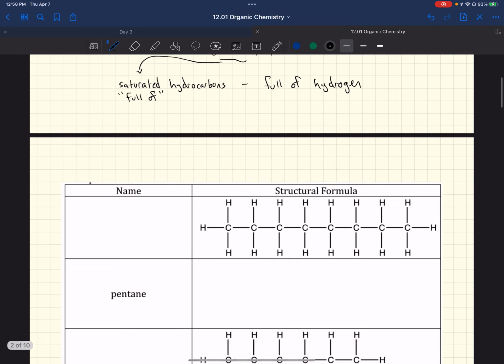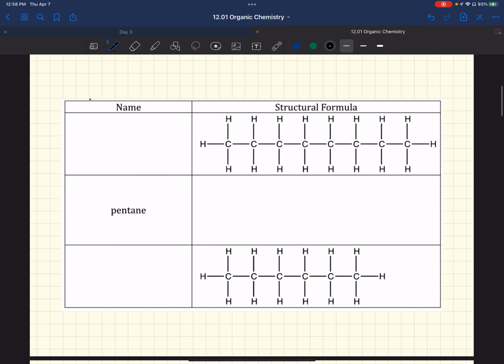Okay. So here are 3 more examples. So why don't you pause the video, see if you can either name them or give the structural formula and then also the chemical formula. So this first one has 1, 2, 3, 4, 5, 6, 7, 8 carbons.